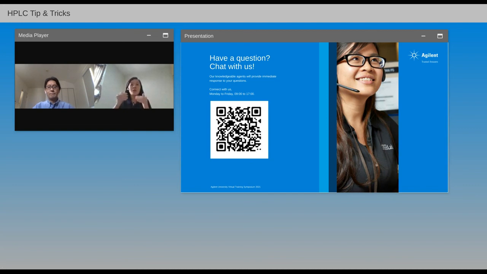So you will need to re-look into your method, what mobile phase you are using, and not just that. When you develop a new method, you actually test with different conditions. You will start with 1 hour to see whether it is sufficient, 1.5 hours whether it is sufficient. Sometimes it may be only 30 minutes.